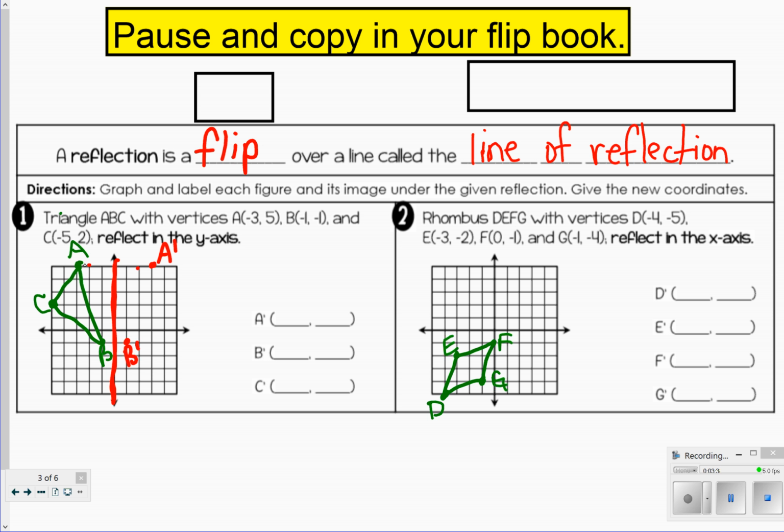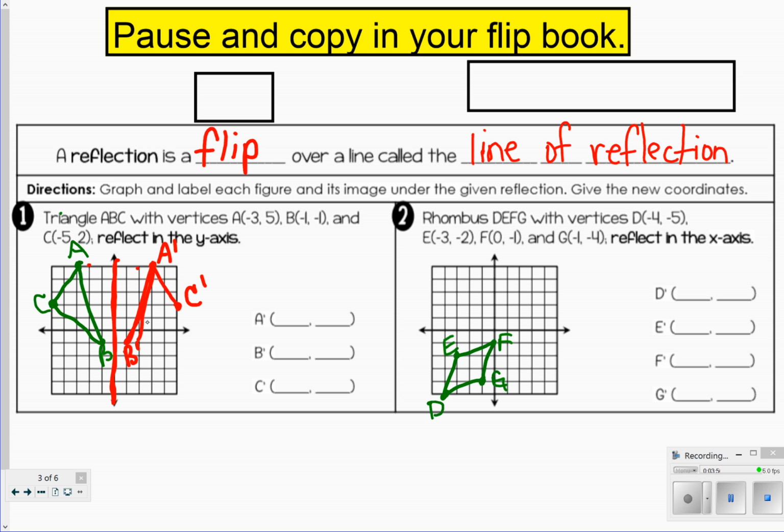And my C prime is going to be on our outside line, and it's over 1, 2, 3, so we're going to put it there. So this is our C prime.